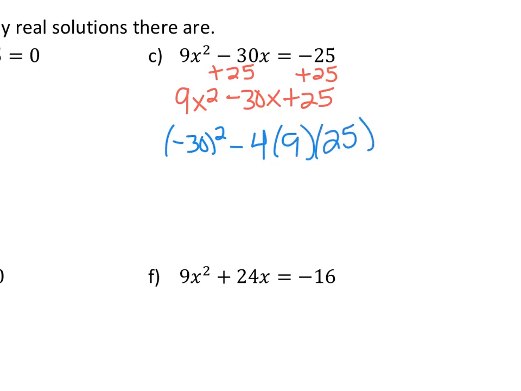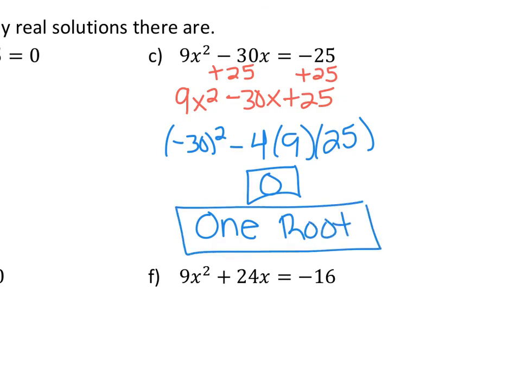Plug it in your calculator. In this instance, we get 0. Looking at your chart, if you get 0, that means there is 1 root. You could also say solutions, whichever term you would like to use.